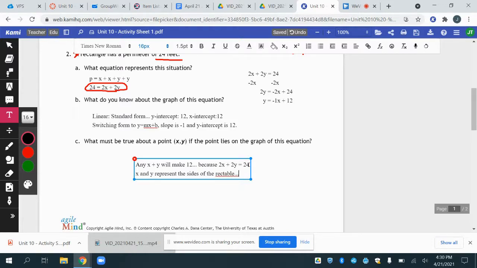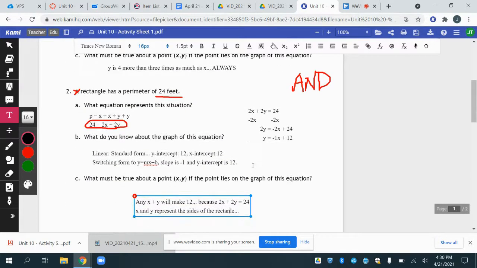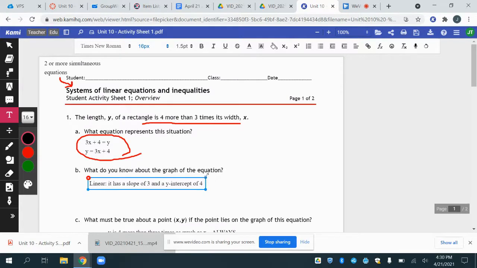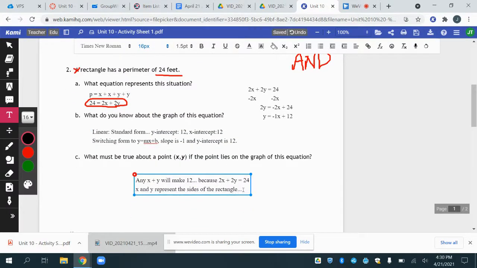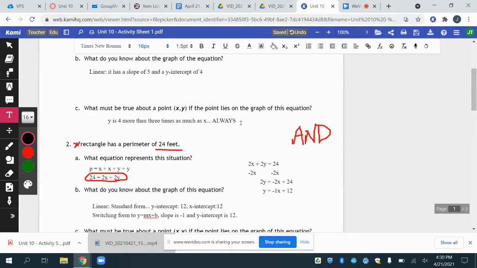Hey, what did x and y represent in the other one? They represented the sides. Let's write that up here too. X and Y represent the sides of the rectangle.